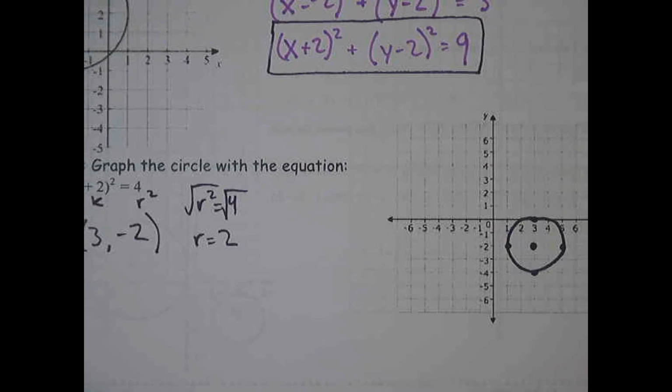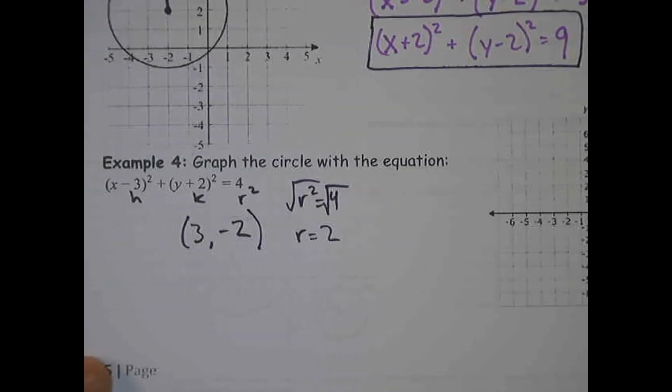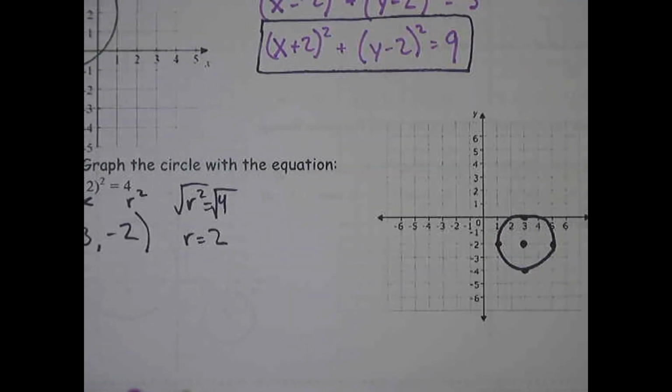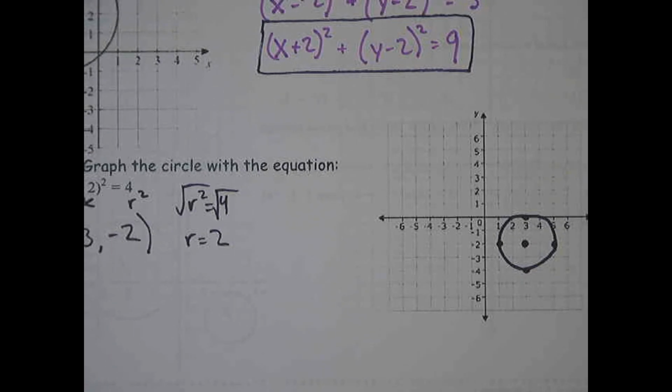That's the circle that's described by the equation (x minus 3) squared plus (y plus 2) squared equals 4. You can also use a graphing calculator, something like Desmos or a TI calculator that has graphing, and you can make the graph on there as well, but I think this is just as easy.